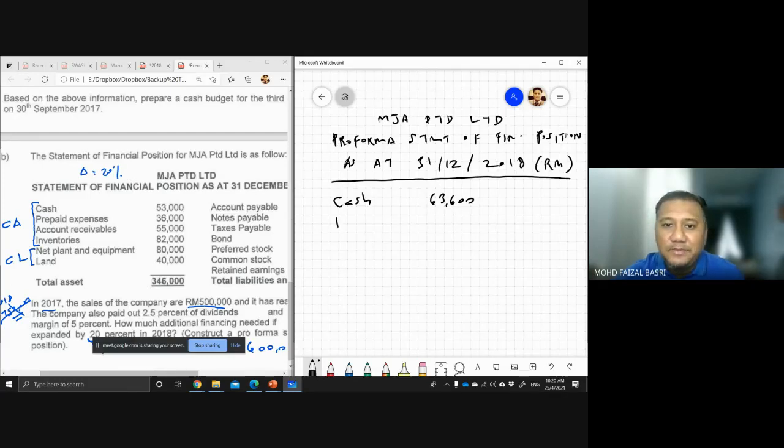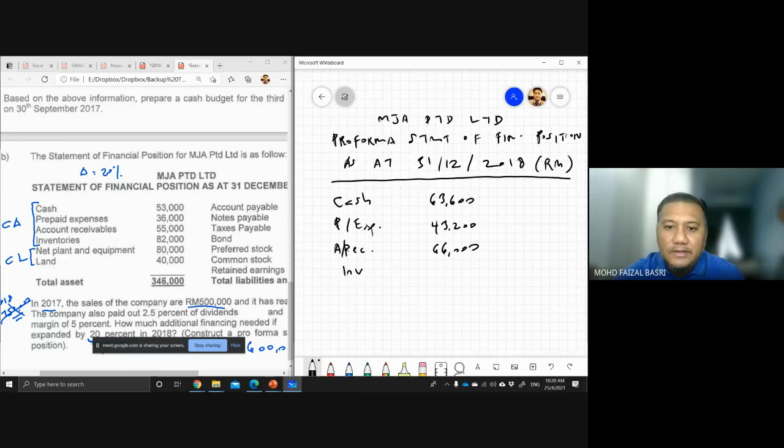Next kita ada prepaid expenses. Prepaid expenses dia from 36,000 increase by 20%, so you have 43,200. Then you have account receivable, from 55,000, 30%, you have 66,000.